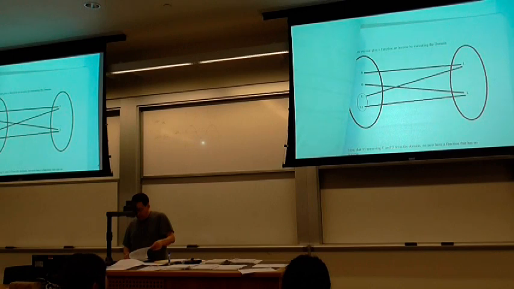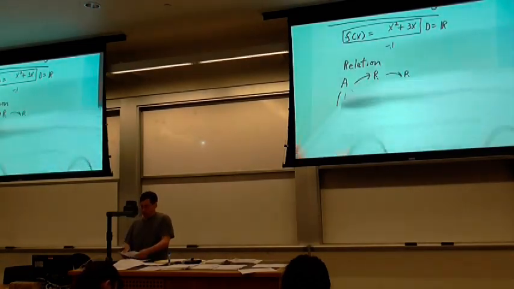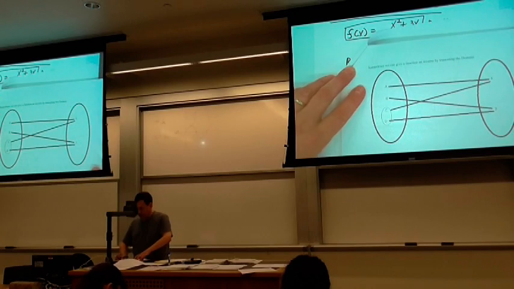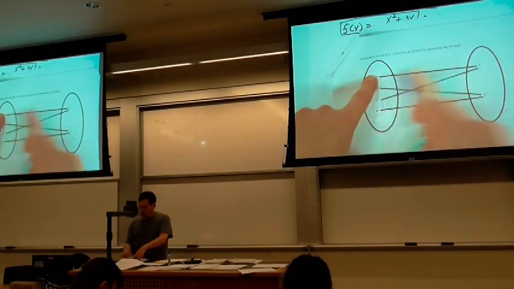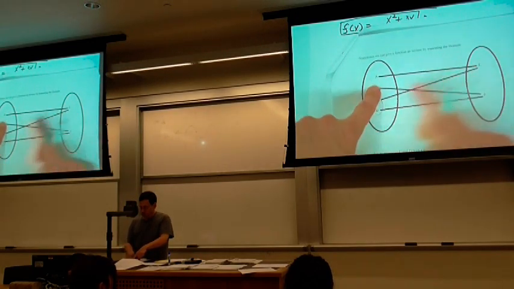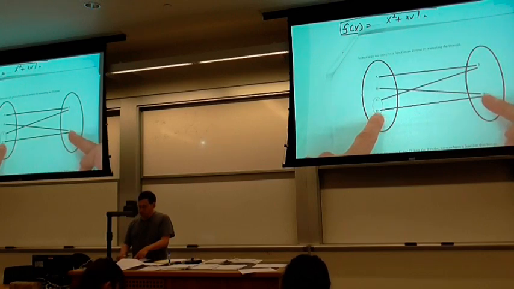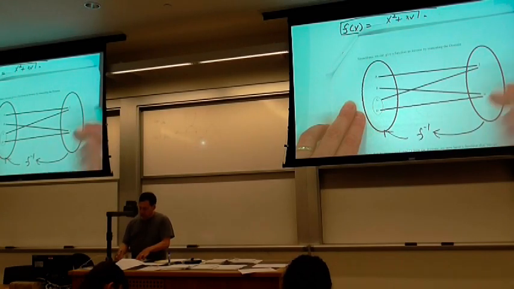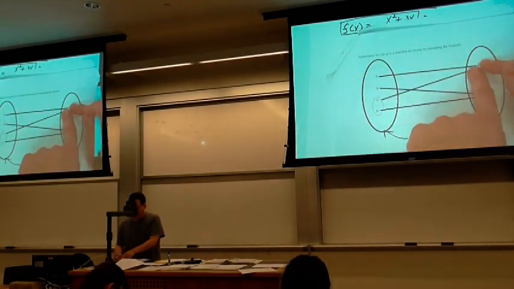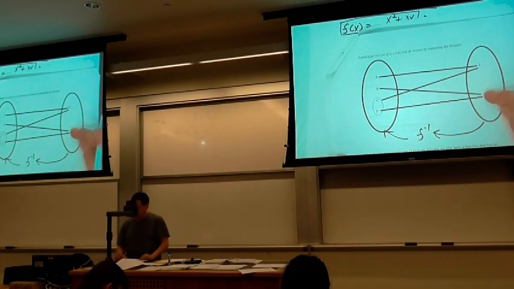Okay, sometimes we can take a function which doesn't have an inverse. Let's take a look at this. Here we have a goes to 1, c goes to 1, b goes to 2, and d goes to 2. Now, if you want to look at the inverse function, we've got a problem. The problem is 1 goes to a, and 1 goes to c, 2 goes to b, and 2 goes to d.